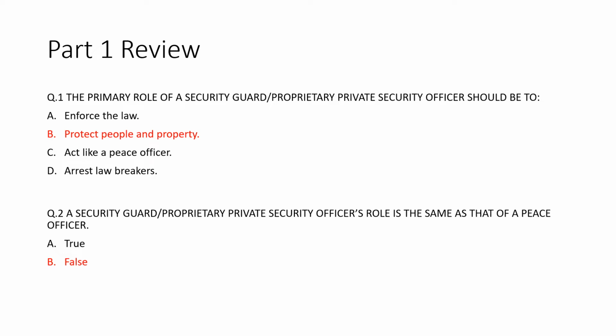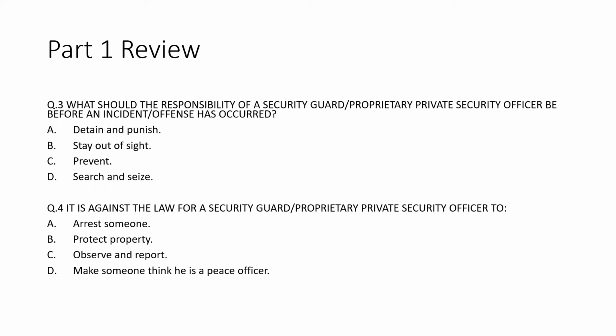So the primary role of a security officer is to protect people and property. And obviously, a security officer in the state of California is not the same as a peace officer, so that's false. Question 3. What should the responsibility of a security officer, proprietary private security officer, be before an incident offense has occurred?